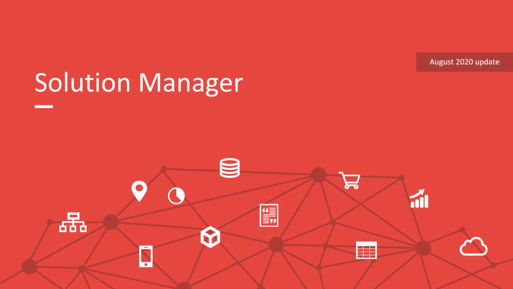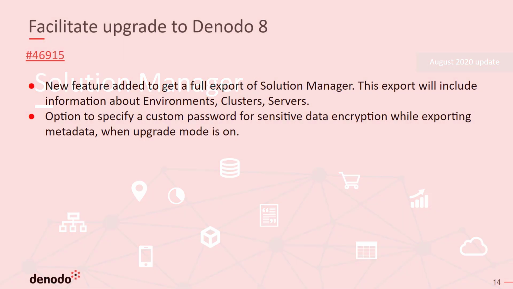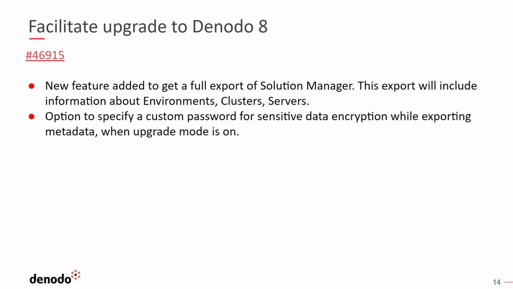We now move on to our last segment, which is reviewing the enhancements to the Solution Manager. In order to upgrade data from Denodo 7 to Denodo 8, it is now possible to get a full export of the meta information of the Solution Manager in Denodo 7. Denodo users have an option to specify a custom password for sensitive data encryption while exporting metadata.